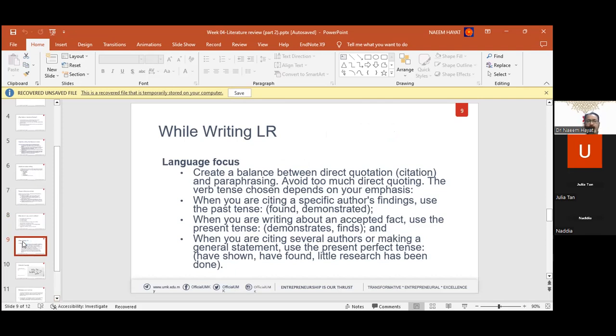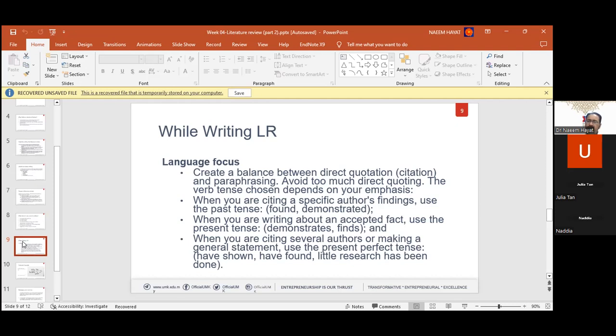We need to keep a balance between direct quote and paraphrase. Avoid too many direct quotes. If we take everything already published or established by one scholar, what is my contribution? If you take one statement from the previous literature, at least discuss 2 to 3 lines on what it means. It means you add yourself.